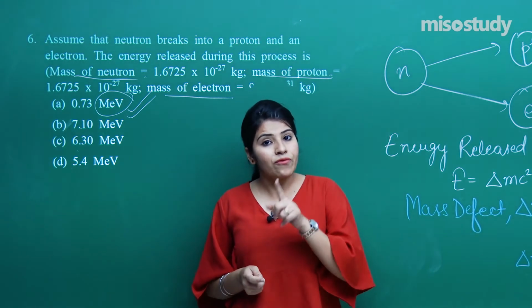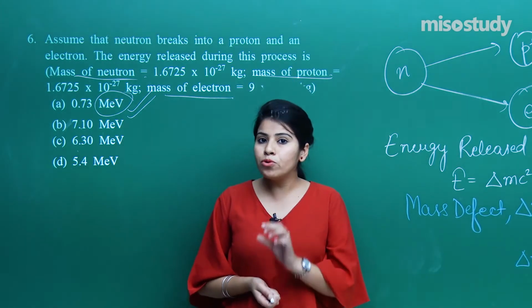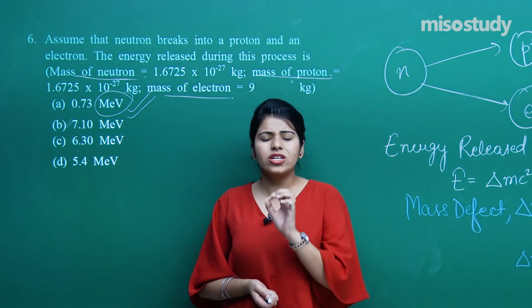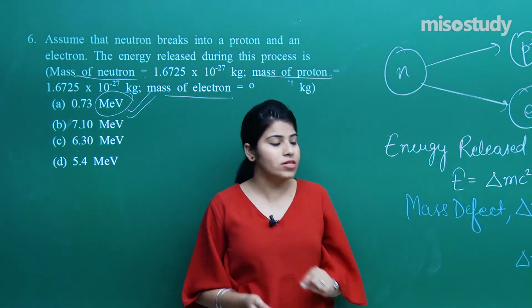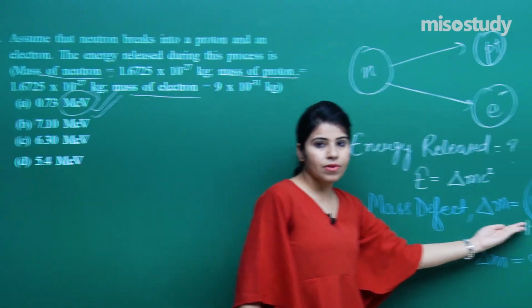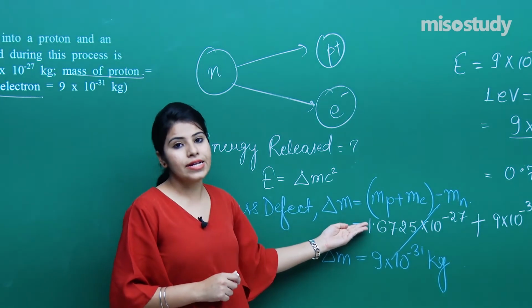But before moving to the next question, what I want to tell you is that this question was very simple, but the beauty behind it is this delta M. How are you going to find this delta M?